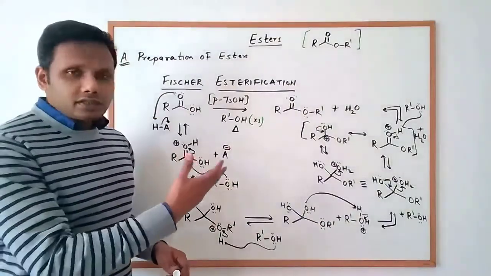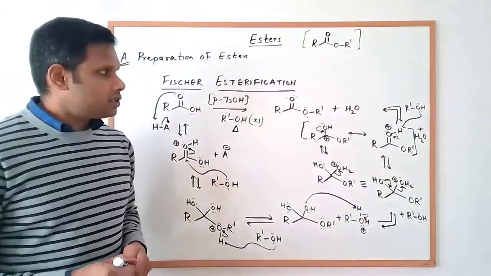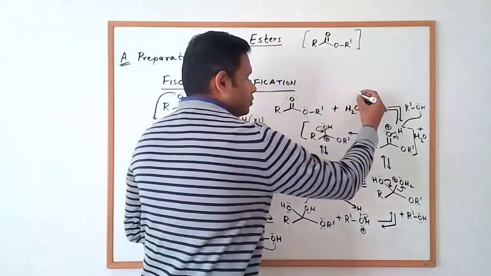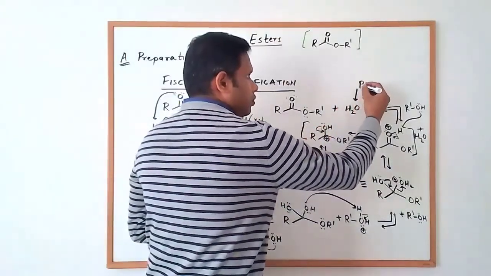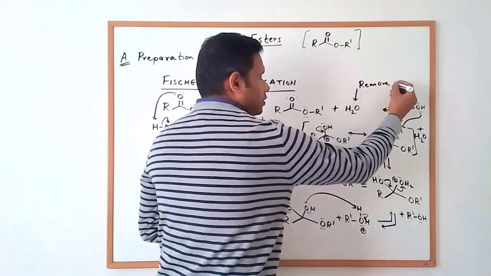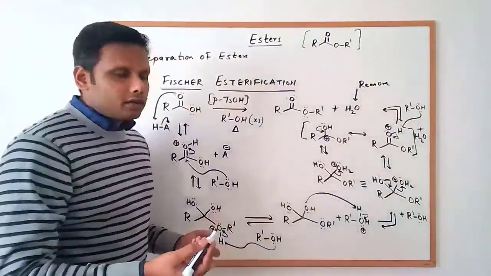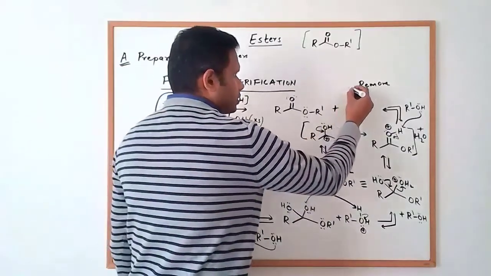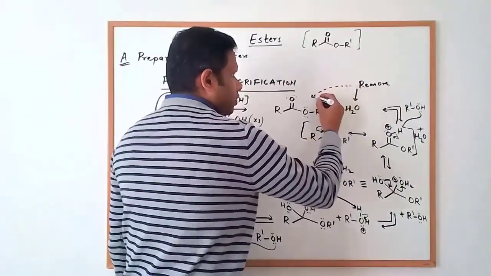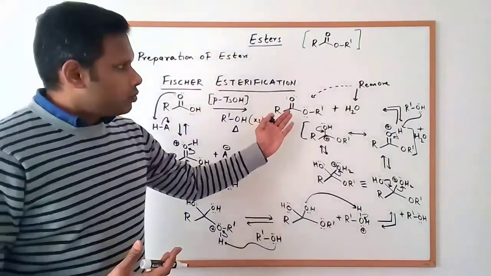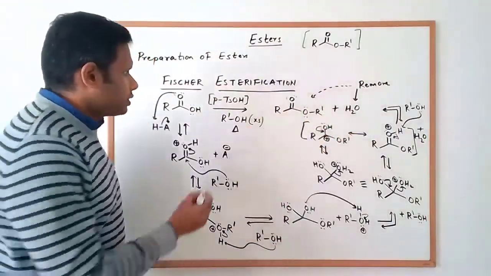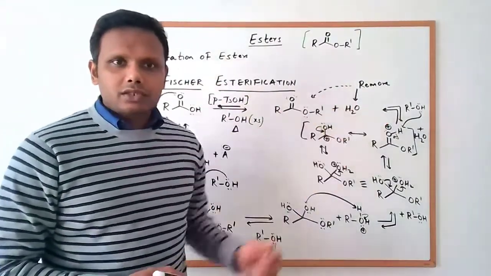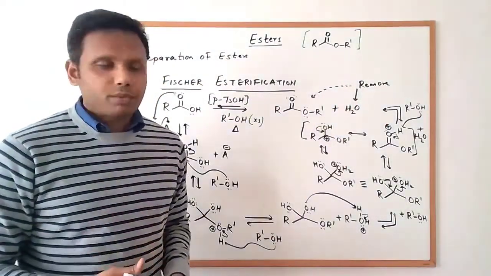So when doing the Fischer esterification, you have to push the reaction forward. You would have to remove the water, or you could remove the ester, one of those two components, so that you can push this reaction forward by Le Chatelier's principle.